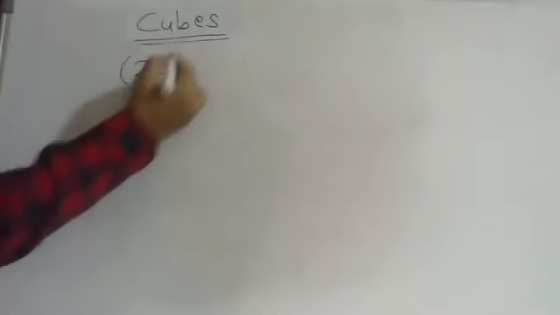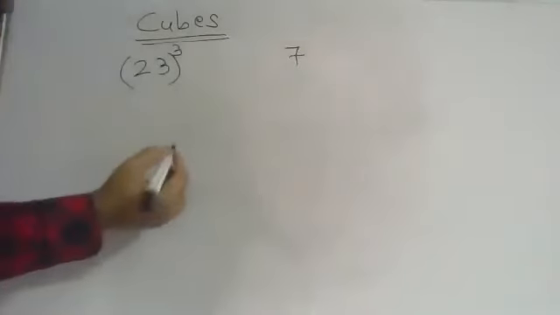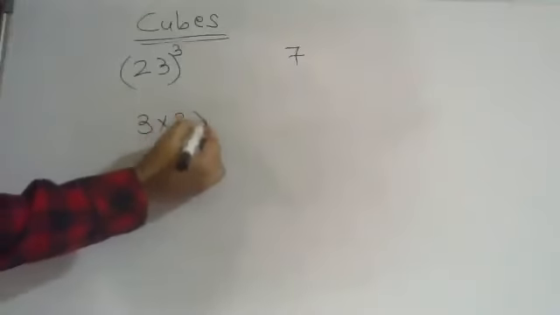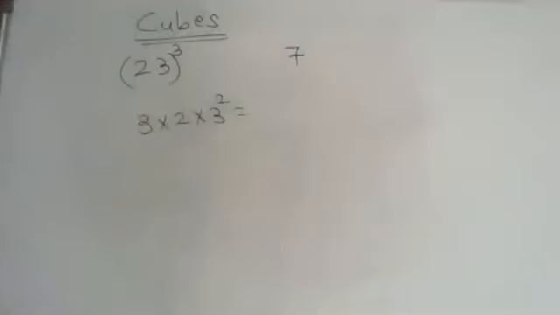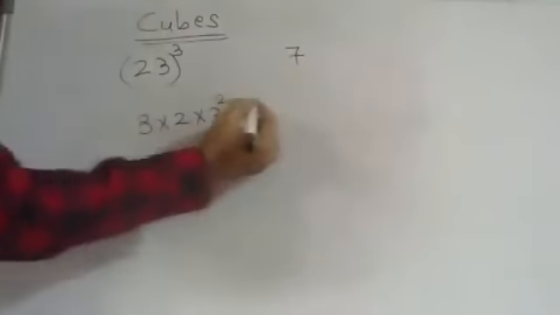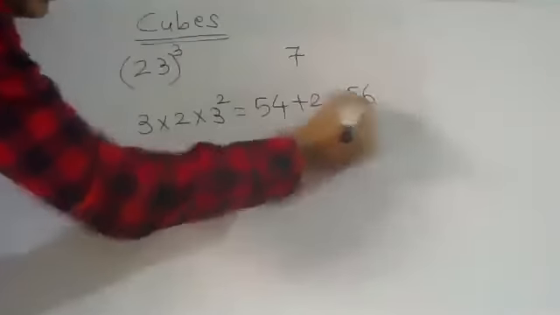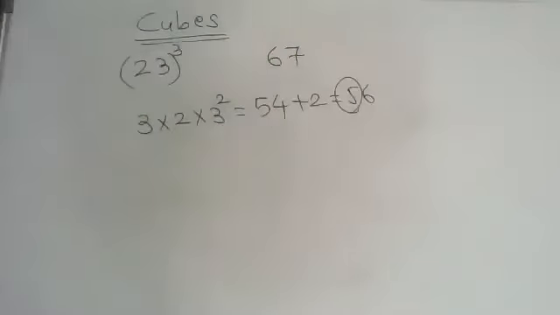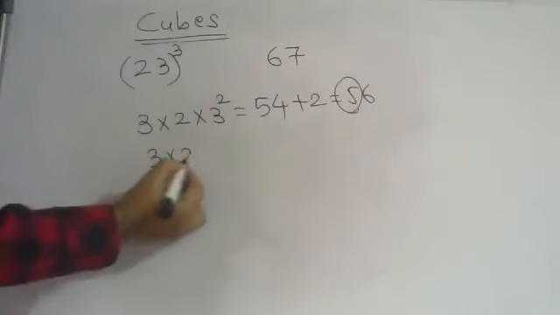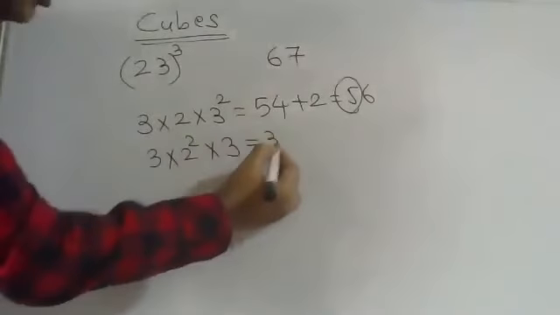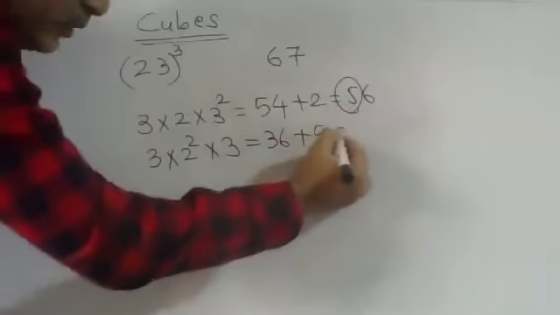23 cube. First, 3 cube is 27, carried 2. Next, 3 into a into b square is 54 plus carried 2, it becomes 56. So write 6, carry 5. 3 into a square b is 36, carried 5 is 41.